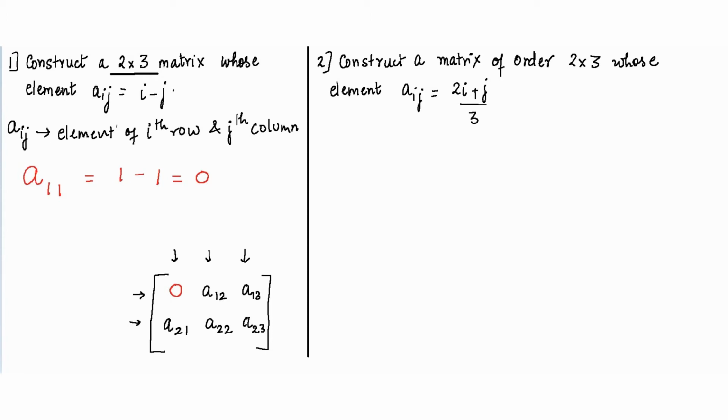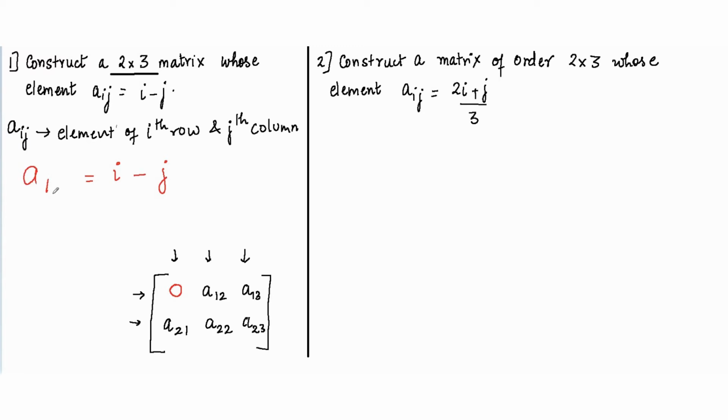Now let's find A12. Let me write the formula for aij again. The formula for aij in this problem is aij is equal to i minus j. Now I'm trying to find A12, so let me replace i by 1 and the value of j by 2.